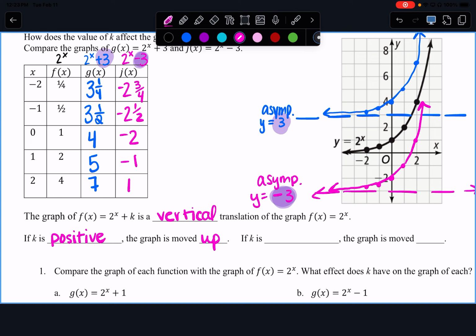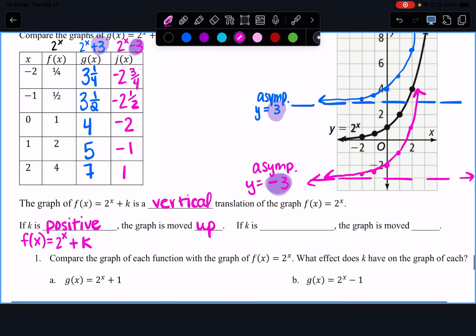Okay, and what that looks like is f of x is equal to 2 to the x plus some number. Then we're also going to have if k is negative, the graph is going to move which way? Down. And this will happen if we have f of x is equal to 2 to the x minus some number.